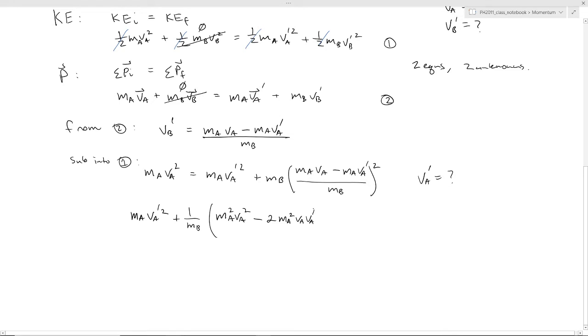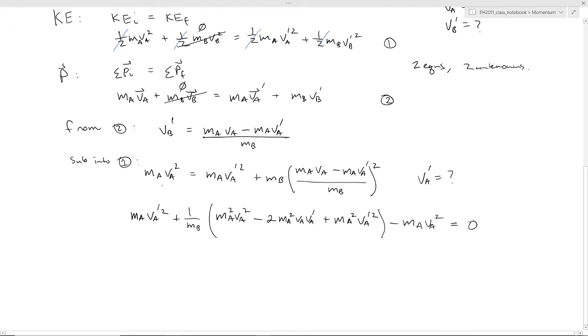And then additionally, we would have plus MA squared VA prime squared. And then we'll also subtract our term from the other side, so we would have minus a factor of MA VA squared, and this whole thing would equal 0.